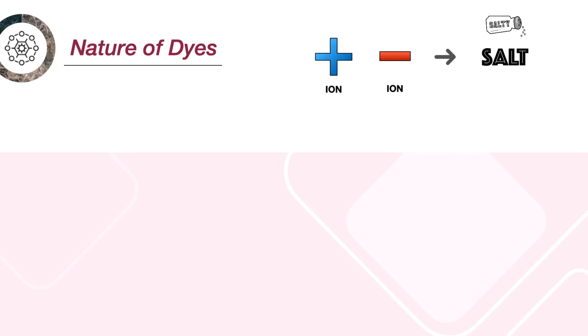Now, your ions, guys, they function differently. Okay? Depende sa kung ano yung nature or depende sa kung ano ang type ng dye mo. Okay? The ions assume different roles in different dyes. Okay? This will be made clear to you now.